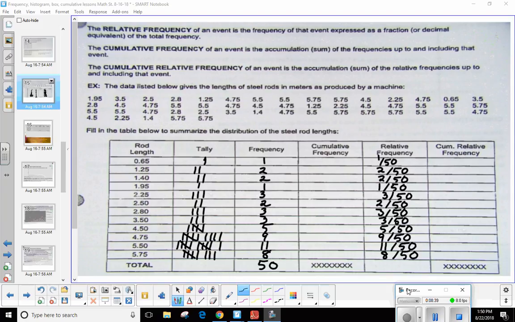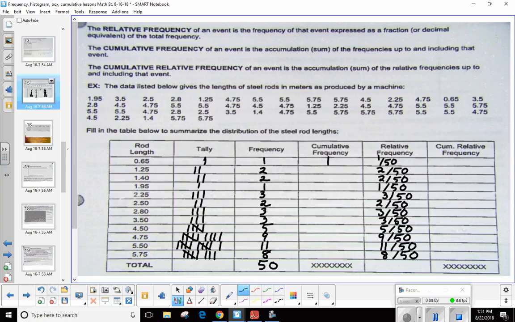All right. And everybody's okay where I got these numbers from for the original frequency? So you've got your set of data. For example, I see a length of 0.65 once. I saw 1.25 twice. Well, the cumulative frequency means to start with the first frequency number that I have. But as I move through all the values in my set, I'm going to add the frequencies that I see.